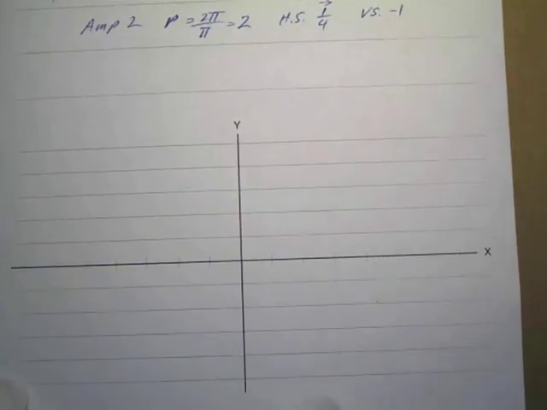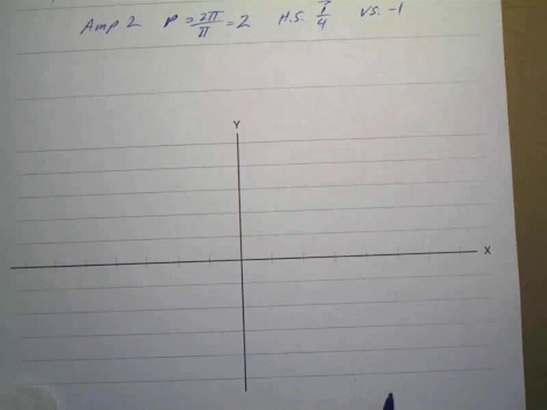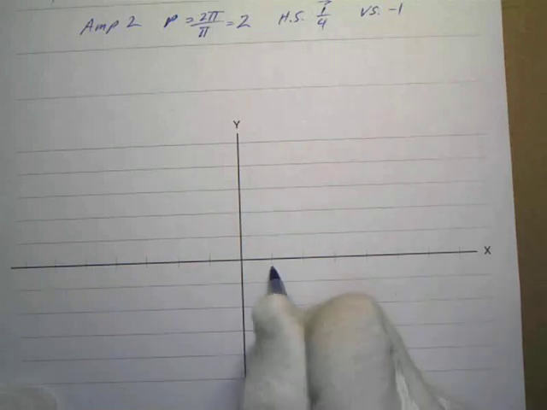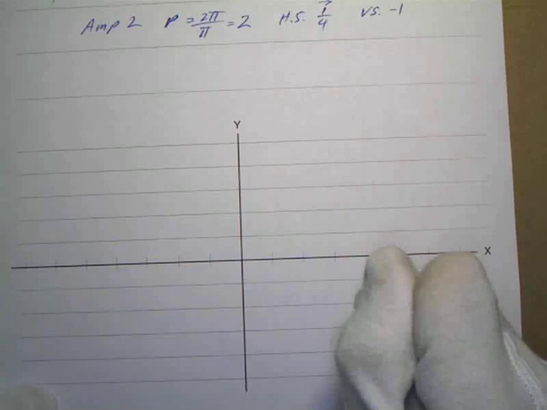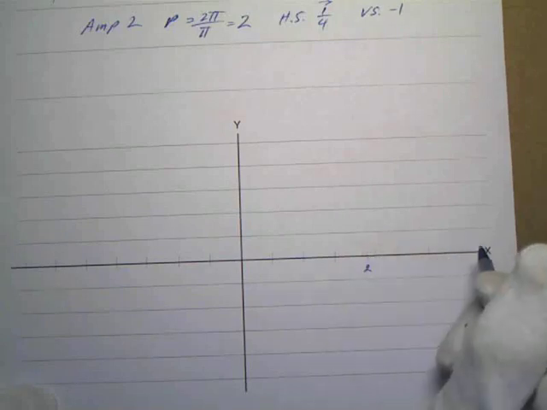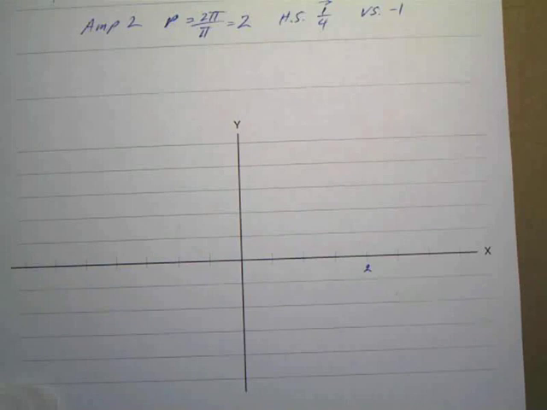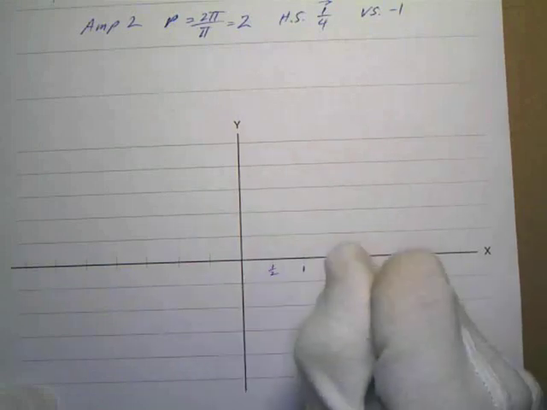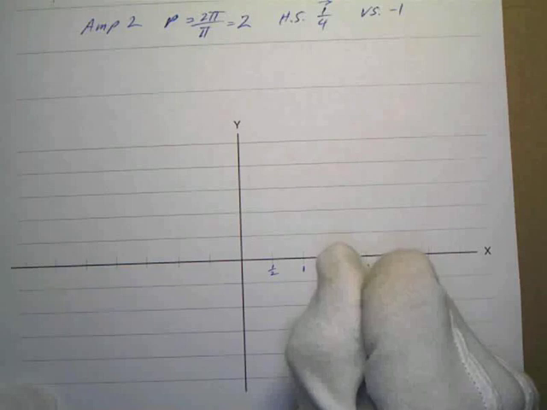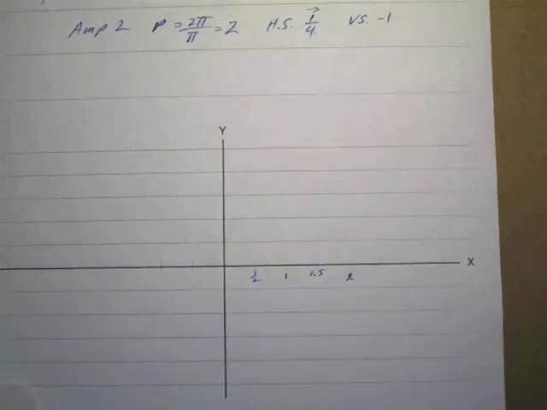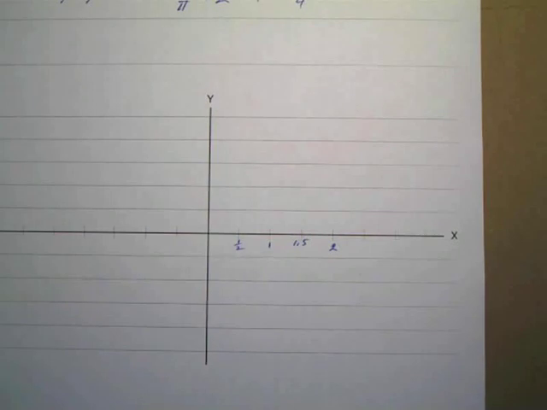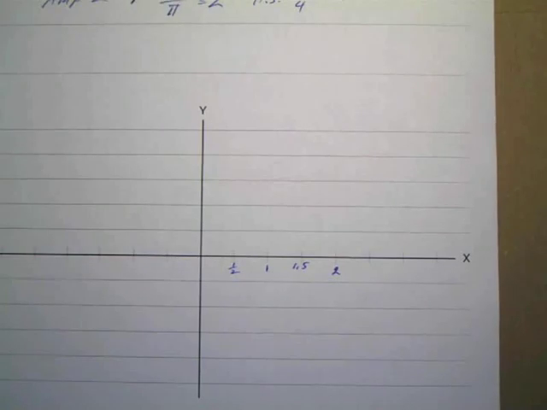So this would be 2, so we'll count this as, I'll go like this so I have 4 subintervals, so this is going to be 2. And this would be 1, and this would be 1/2, and this would be 1 and 1/2, I guess, 1.5. Okay, there's my 2. Bring this down a little bit better so you can see that.